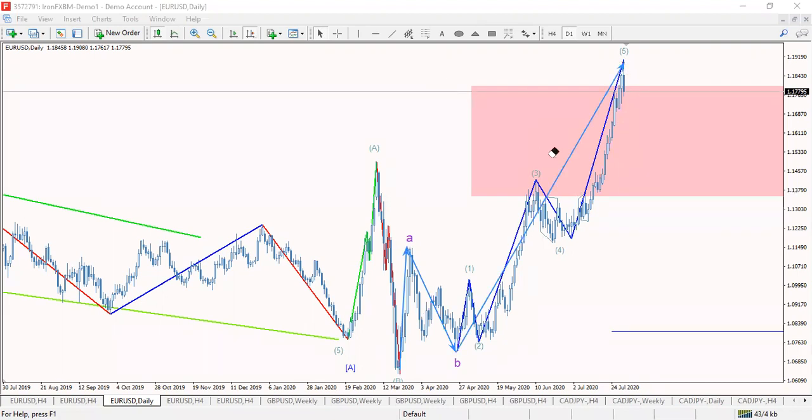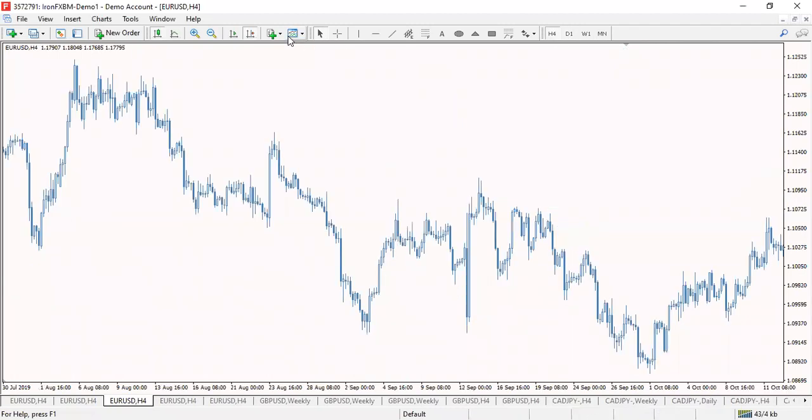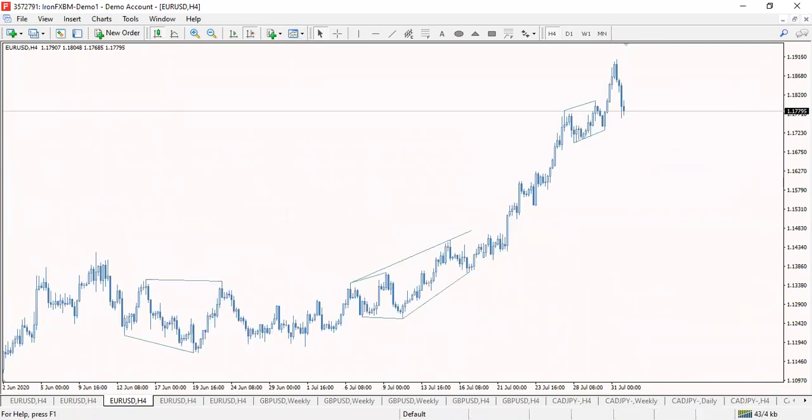Okay, let's go to the 4 hour. Now I want to show you guys this extension. Where does it come from, or where is it exactly? If you can see, here is our wave 4. Our wave 4 terminated right here. Starting from here, this is Roman figure 1, Roman figure 2, this is 3, sorry, this is 4 right here.